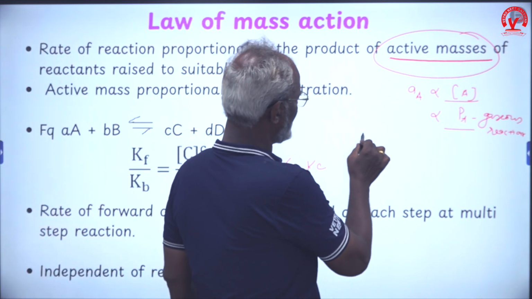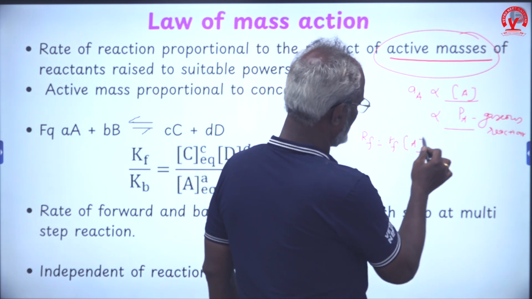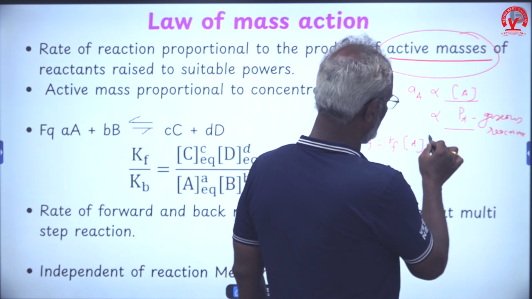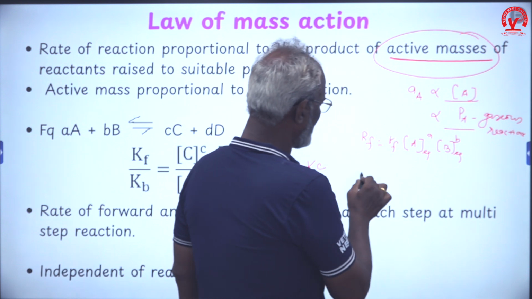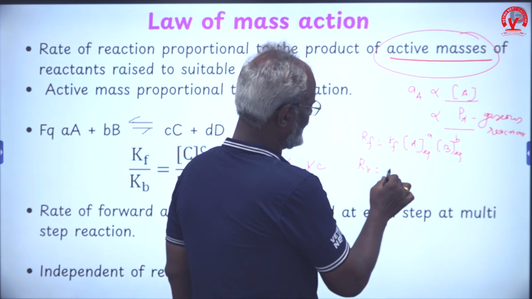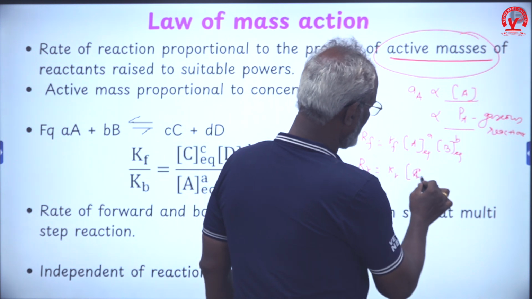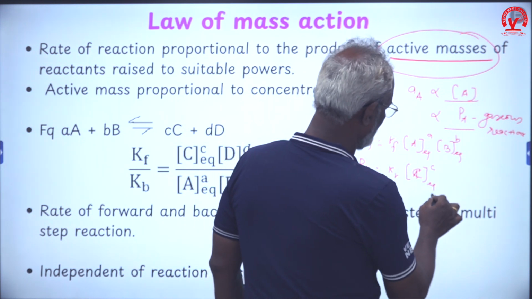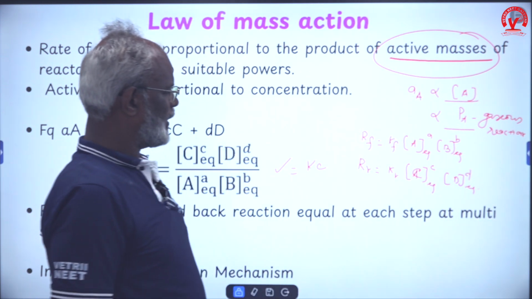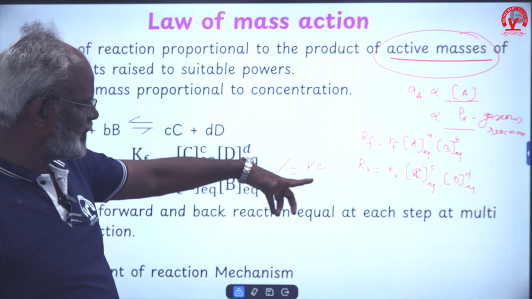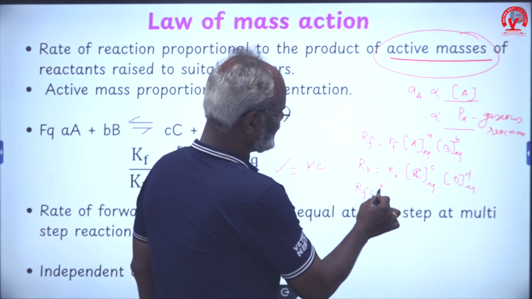For the rate of forward reaction, it will be Kf into the equilibrium concentration of A power a, and B power b. For the rate of reverse reaction, it will be K reverse, the rate constant for reverse, times C power small c and D power small d at equilibrium. As we told you in the previous slide, the rate of forward reaction becomes equal to the rate of reverse reaction.